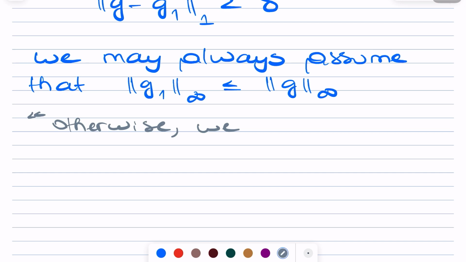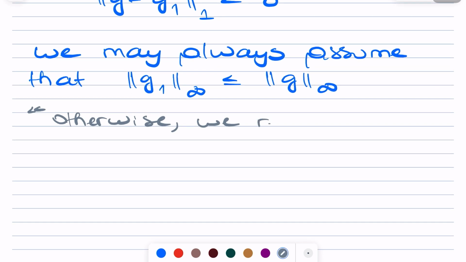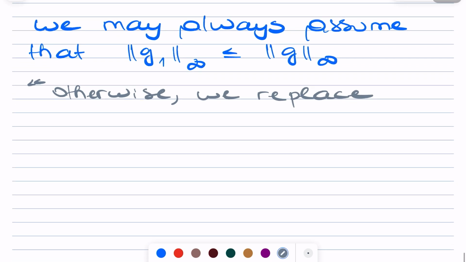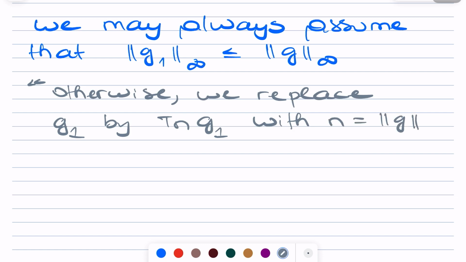Otherwise, we can replace g1 by the truncated version of g1, with n equal to the infinity norm of g.